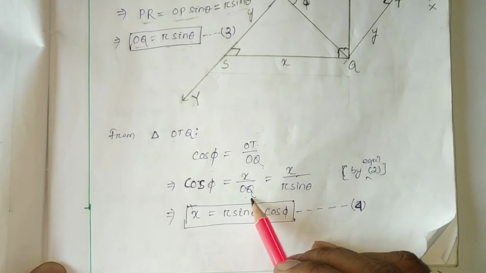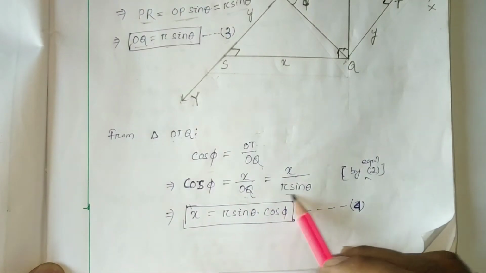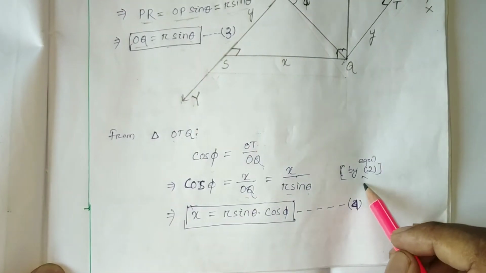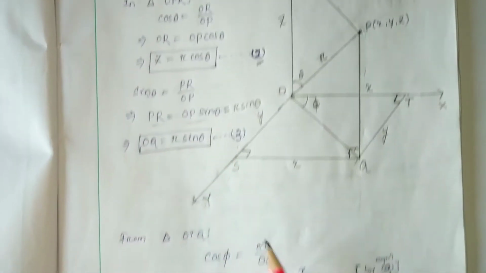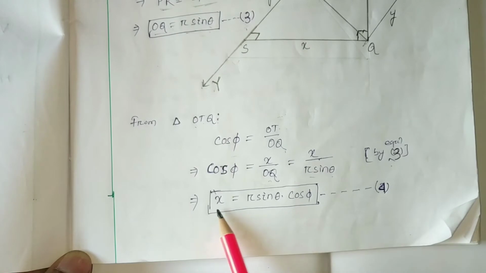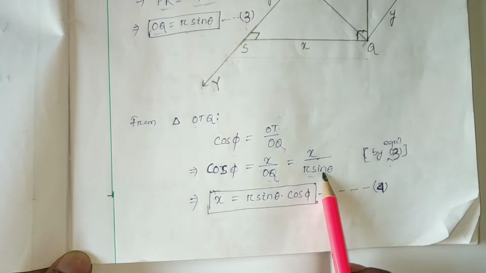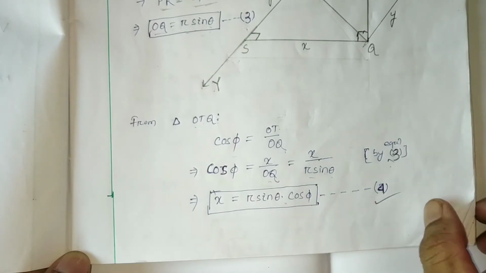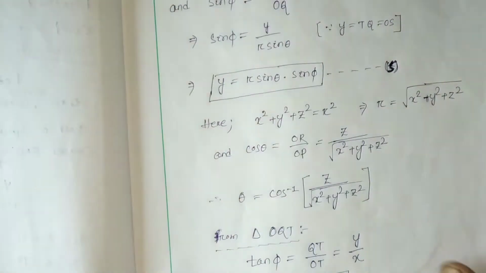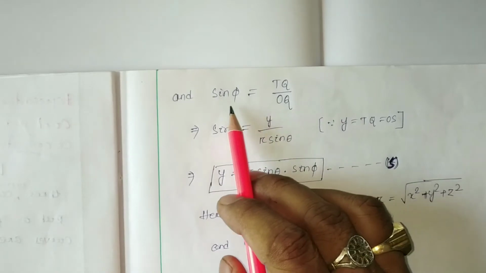So here we have to substitute OQ as R sin theta by equation number 3. Okay, so that implies x will be how much? R sin theta into cos phi. Let this be your equation number 4. Now we are going to go for sin phi.